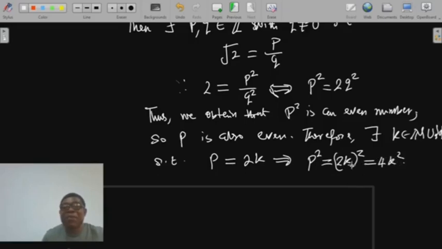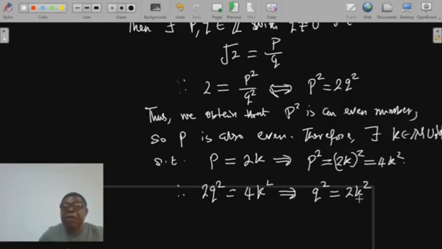What does this mean? Since p squared is equal to 2q squared, and here we're getting that p squared is equal to 4k squared, we have that 2q squared is equal to 4k squared, which in turn gives us that q squared is equal to 2k squared.